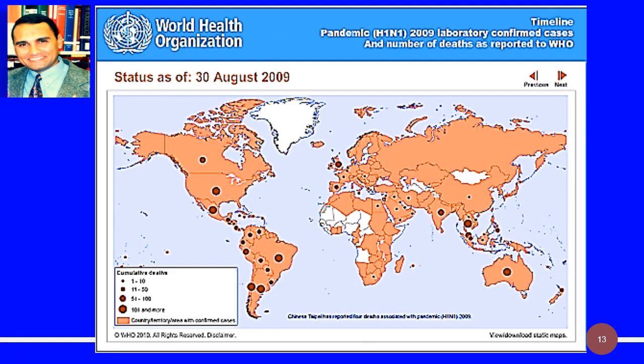The World Health Organization elaborated this map for pandemic H1N1 in 2009 about laboratory confirmed cases and number of deaths as reported on the 30th of August 2009. We found that the United States and Mexico showed more than 100 deaths.